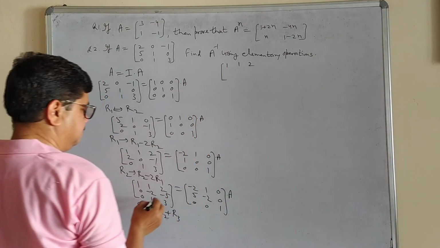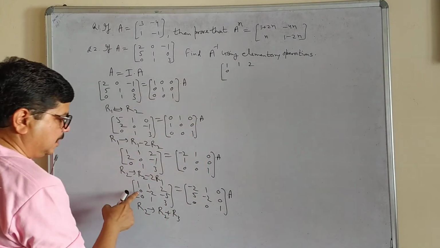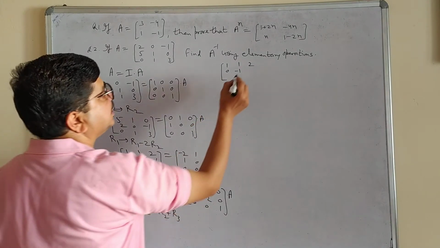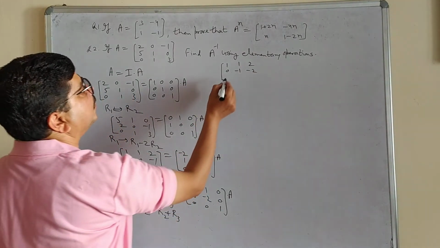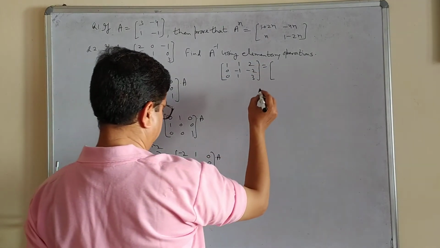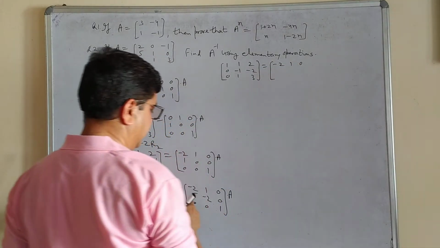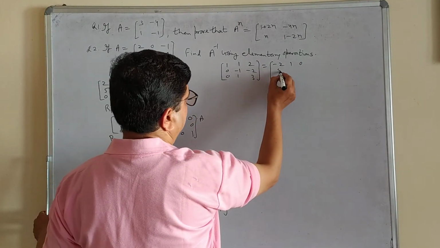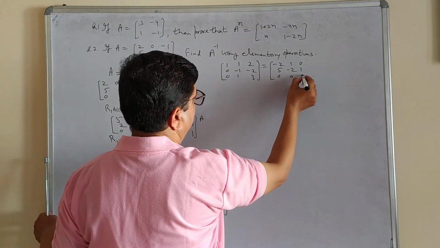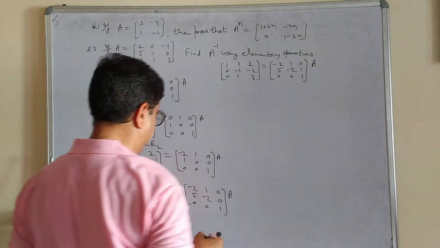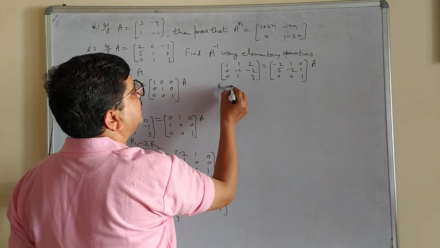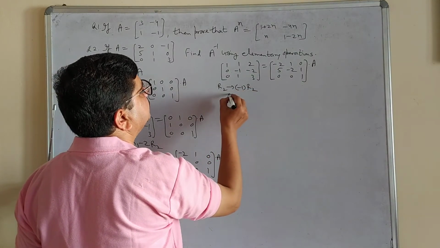1 1 2, 0 plus 0, minus 2 plus 1, minus 5 plus 3 and 0 1 3 equal to minus 2 1 0, then second plus third, 5 plus 0, minus 2 plus 0, 0 plus 1 and 0, 0 1 times A. Now 1 0 0, अभी इस minus 1 की जगह हमको करना है 1, so we can write R2 as minus 1 times R2.